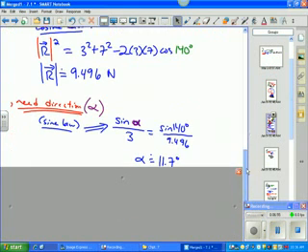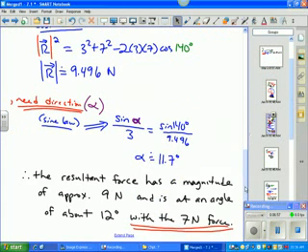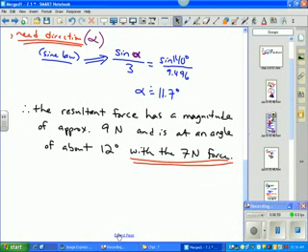So we actually need to conclude that to be very specific. So what we'll say is the resultant force has a magnitude of approximately 9 newtons, and it is at an angle of about 12 degrees with the 7 Newton force. So you need to be very specific about your conclusion here, which vector you actually concluded it about.